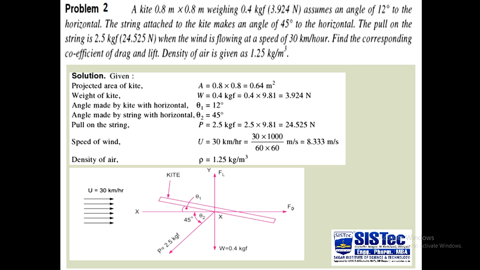There is no need to convert this kilogram force into Newton, because it is also given in the question, but in some questions the data is not given, so we calculate it by multiplying by 9.81, because the relation between mass and weight is 9.81. The angle made by the kite with the horizontal is 12 degrees, and the string that is attached makes an angle of 45 degrees to the horizontal.